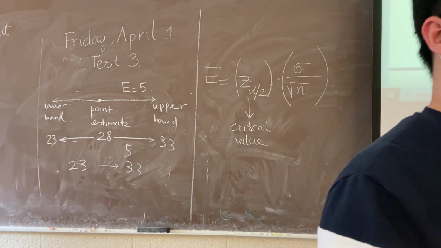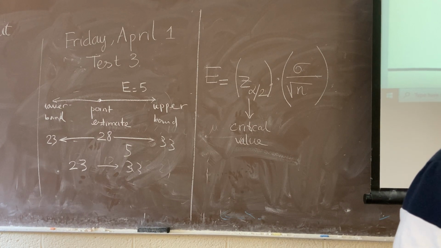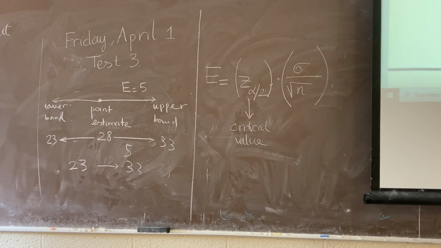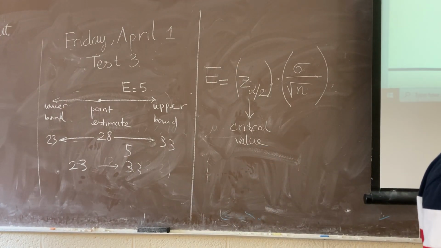For example, if the level of confidence is 0.8, what is the critical z value for this? Could you tell me? Lead, please. Is it 1.28? Yeah, exactly.